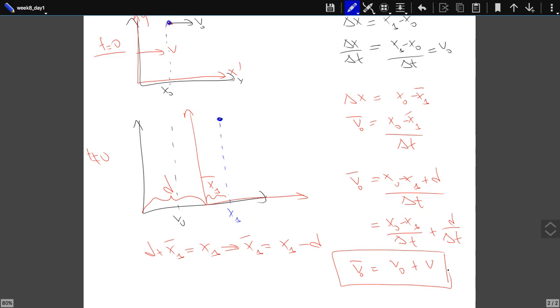Okay, that is my first mistake. x1 bar is x1 minus d. You see, x1 bar is the x coordinate in the red reference frame. d is the distance that the red reference frame covers from the initial point. So x1, which is this distance, started from x0 and ended up at x1. So this distance, which is x1, should be x1 bar plus d.